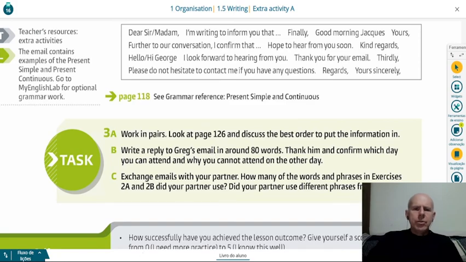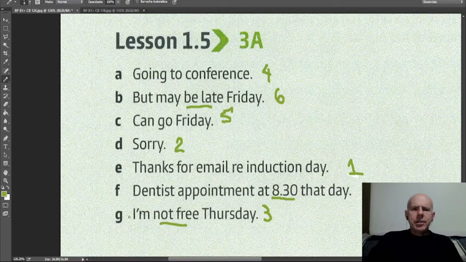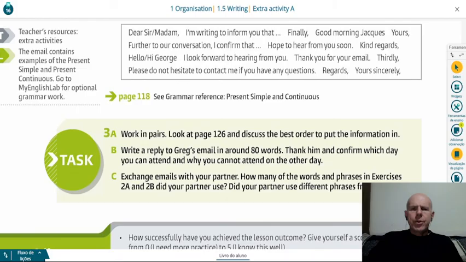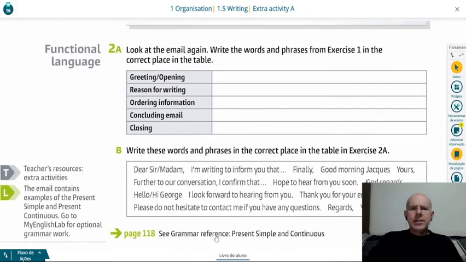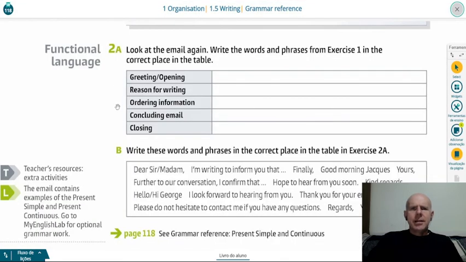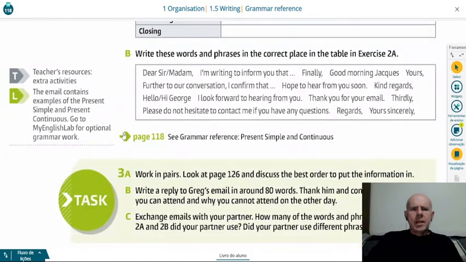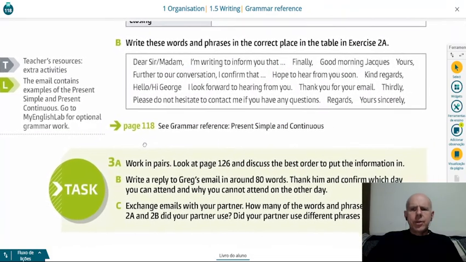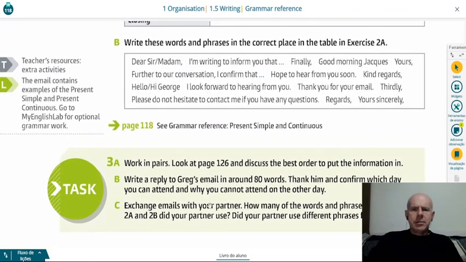Obviously, you can use these pieces of information here. And we have this structure, basically. We can also think about this structure. No, please, this structure. And you have to write with your own words, right?